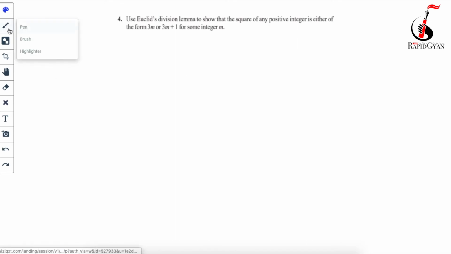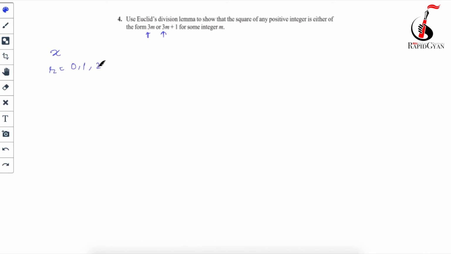First assume that the positive integer is x. You can see that it's 3m and 3m plus 1, which means my divisor is 3. So if the divisor is 3, the possible values of remainders are 0, 1 and 2.